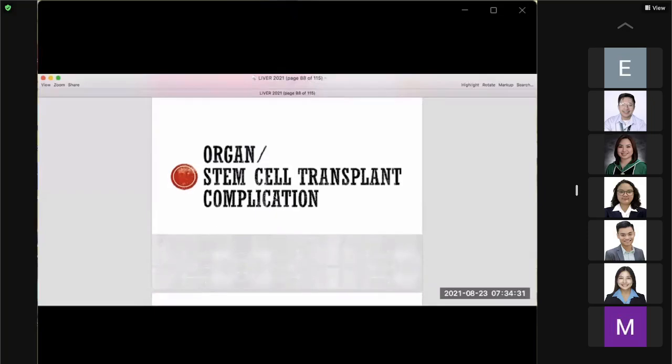Okay, so we have here another topic in the form of organ or stem cell transplant complication. So sa liver, kung massive destruction, so what we can do is to do organ transplantation or newer modalities, stem cell transplantation, but we don't expect 100% success rate.